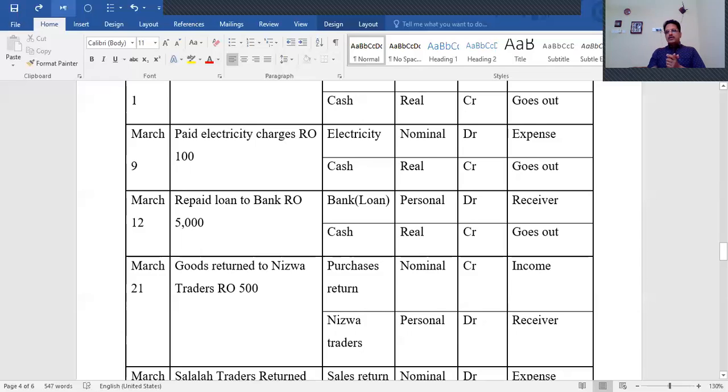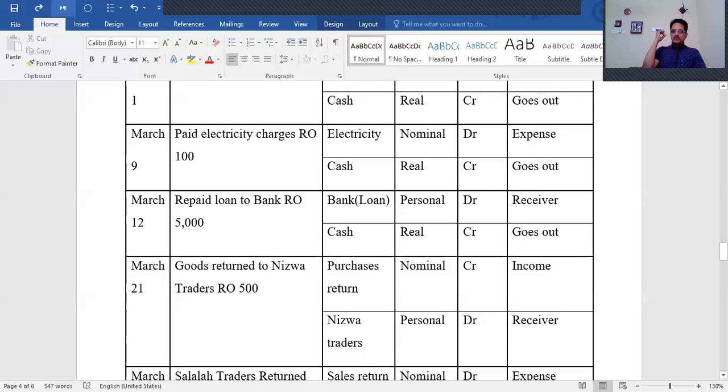So now you understood. You can make out. This is nothing. Journal is nothing. The most important thing is to decide whether it is debit or credit. In your practical accounting also, I told you once again the 6 stages: recording, that is journalizing, classifying, posting to ledger, and summarizing, preparation of final accounts.